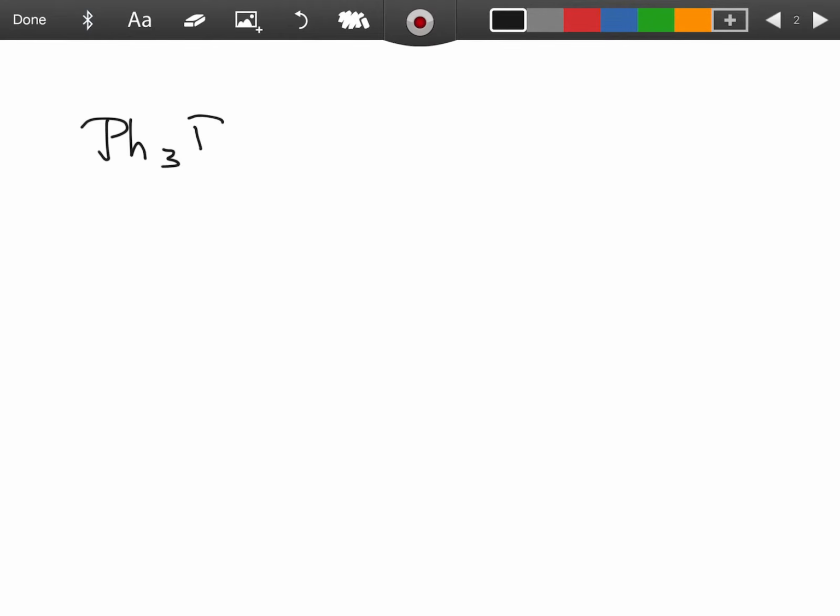The way this happens is a little unique. It's a little different than what you would think. Usually, when we see a carbon with a halogen on it, we think we attack the carbon and push the halogen off, right? But why do SN2 reactions work?